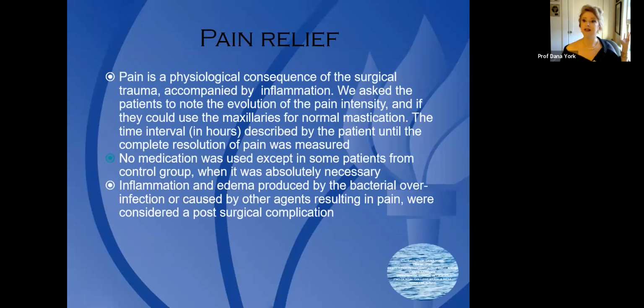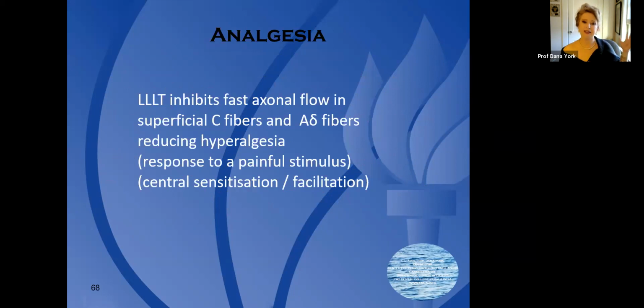Even if the patient is younger or more mature, pain relief. For the pain relief, we use a patient journal. We don't use anti-pain medication except in the control group, where we had to use some anti-pain medication. How does analgesia happen? Laser therapy, photobiomodulation, stimulates the C fibers that give the axon response for pain relief.